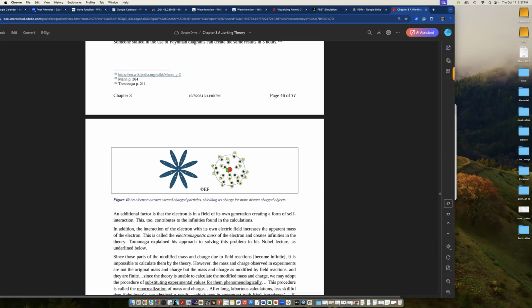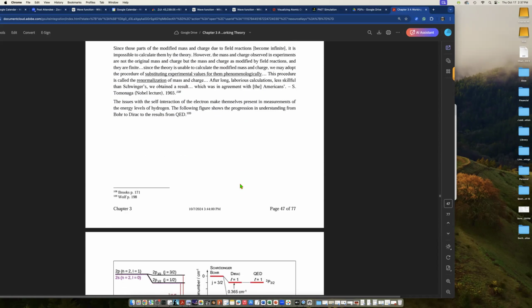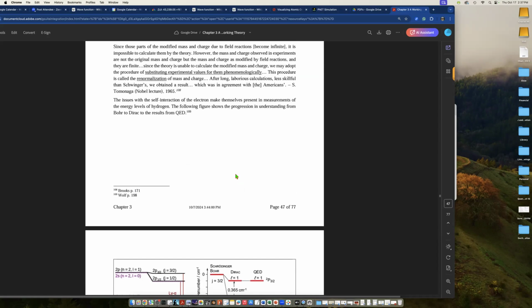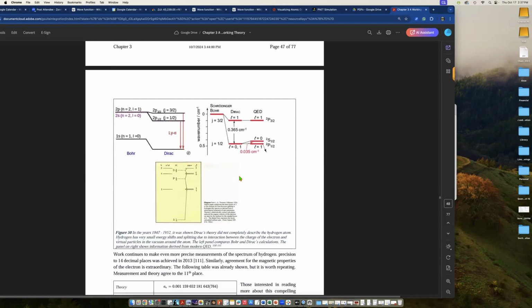And figuring out how to compute this influence was difficult, but Dirac started the problem. And then Schwinger, Feynman, and Tomonaga, I already mentioned, by the early 50s had worked out the results. And the intriguing thing is that if you look at the energy levels predicted by Bohr's version of, say, hydrogen, he sees a single level for a particular electron shell.